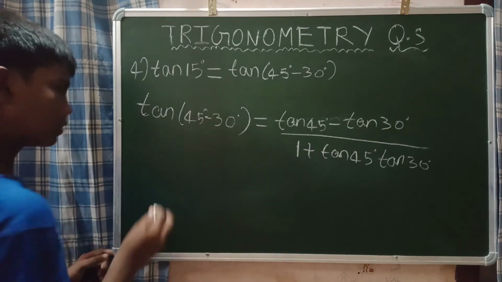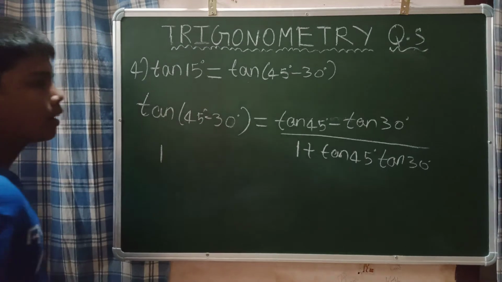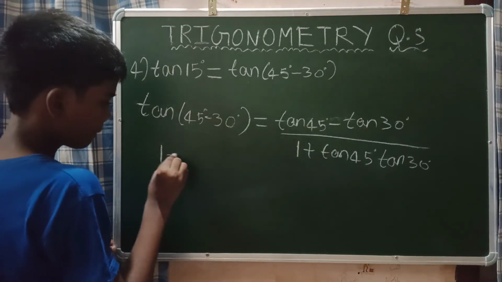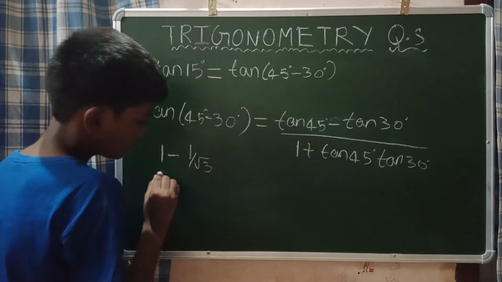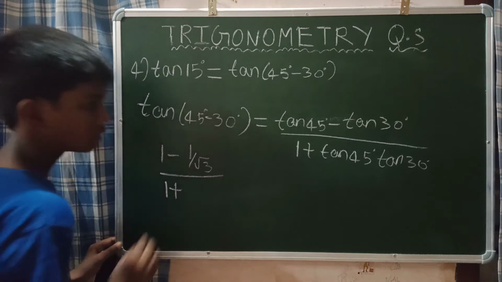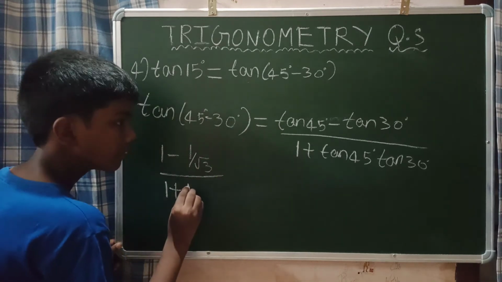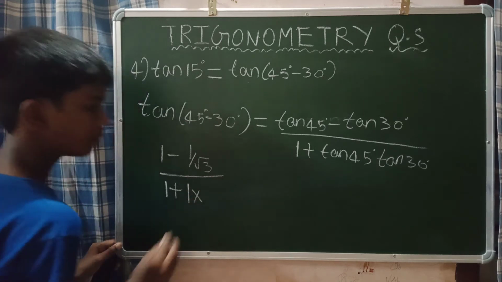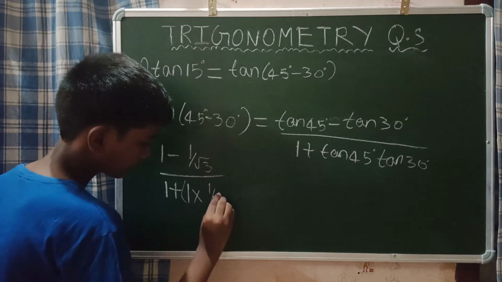Tan 45 is 1 by 1 and tan 30 is 1 by root 3, and 1 plus tan 45, as I told, is 1 into tan 30, which is 1 by root 3.